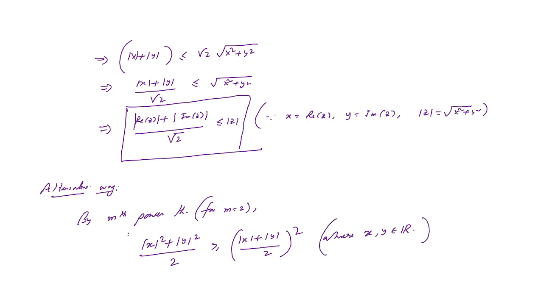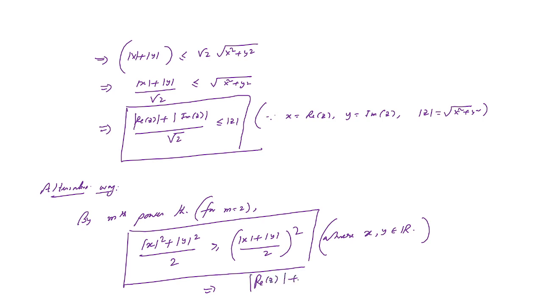So we can use this kind of inequality and we can easily prove that the modulus of real z plus the modulus of imaginary z, by root 2, is less than or equal to mod z, where z equals x plus iy, and obviously in that case real z will be x and imaginary z will be y. So you can prove it very easily. That hint is exactly given in a Schaum's book, and by using these hints we can prove it.